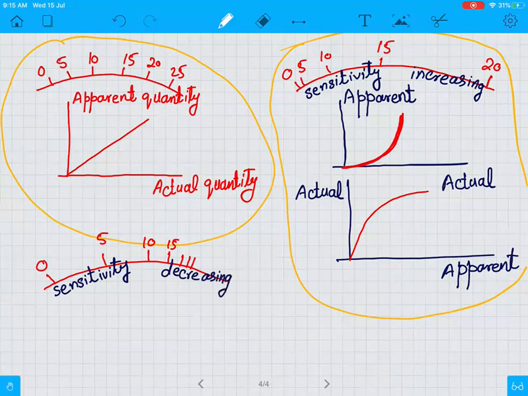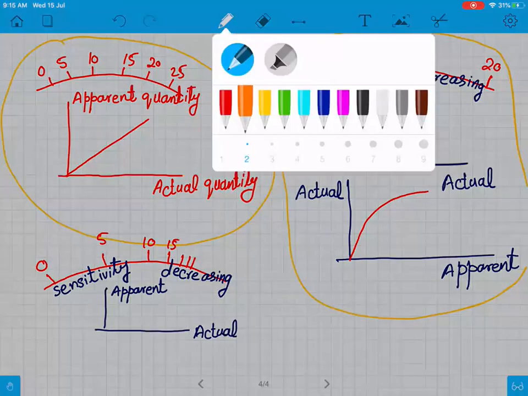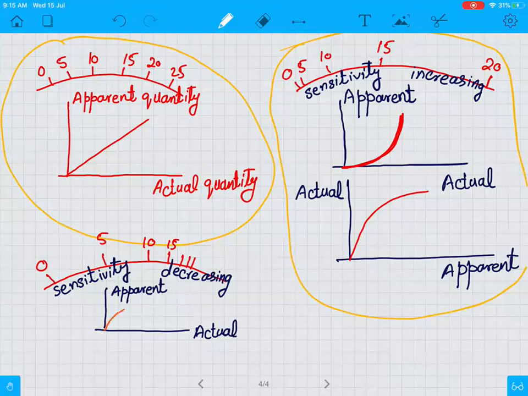And the graph would be, this is apparent, this is actual. This graph will bend away from the apparent axis as the sensitivity is decreasing.